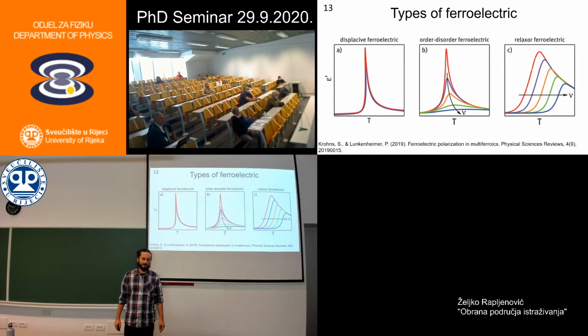And for the relaxor ferroelectric, we have a large dispersion in both the amplitude and the position of the peak. This is explained by the forming of a glass-like state, which has distorted polar nanoregions. They have large disorder, and it shows this diffuse behavior.